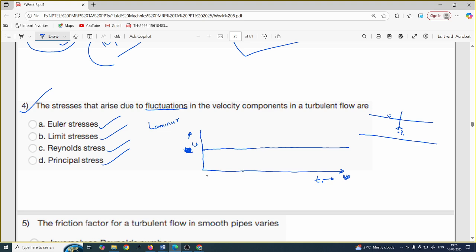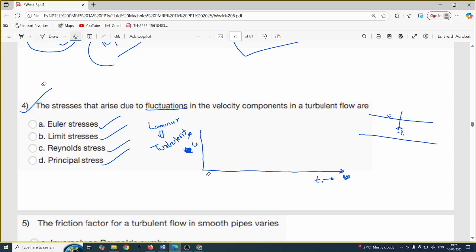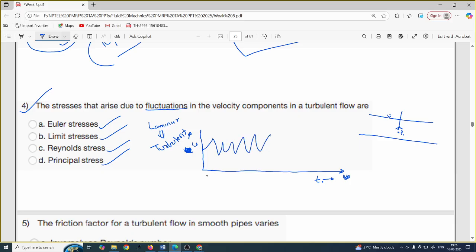But once the flow is turbulent, when the flow switches from laminar to turbulent, the flow will not be like that. The flow will be like this: sometimes high, low, high, low, high, low.